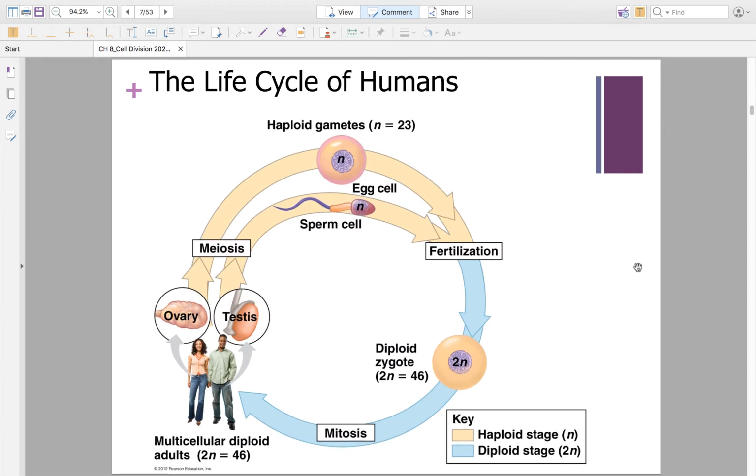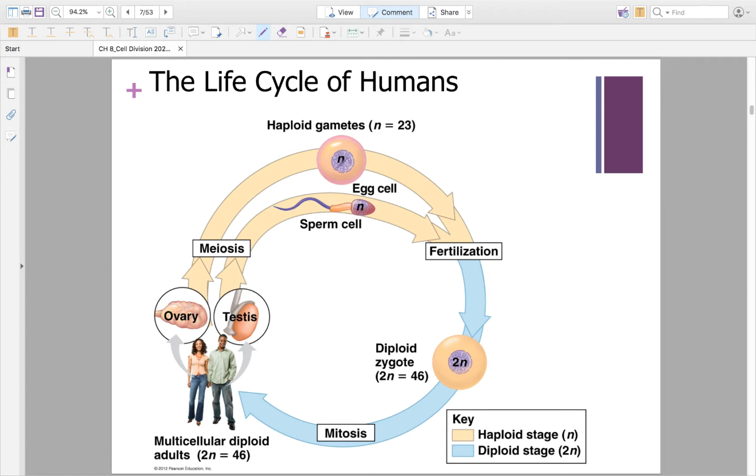This is the human life cycle. Every single individual starts off life this way. You get 23 chromosomes from the mother. Notice this says haploid gametes.